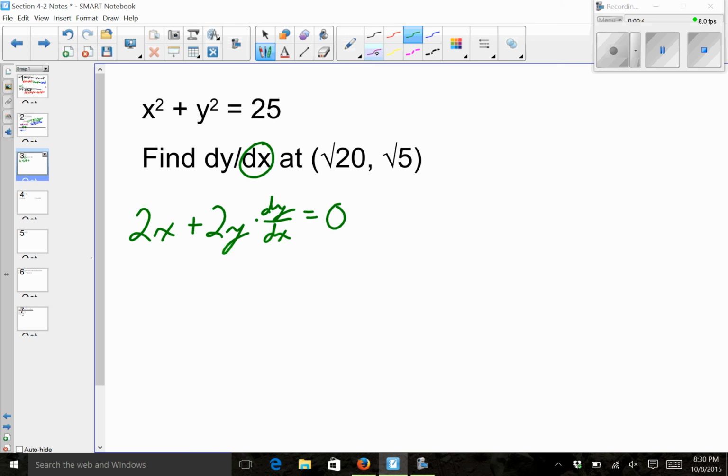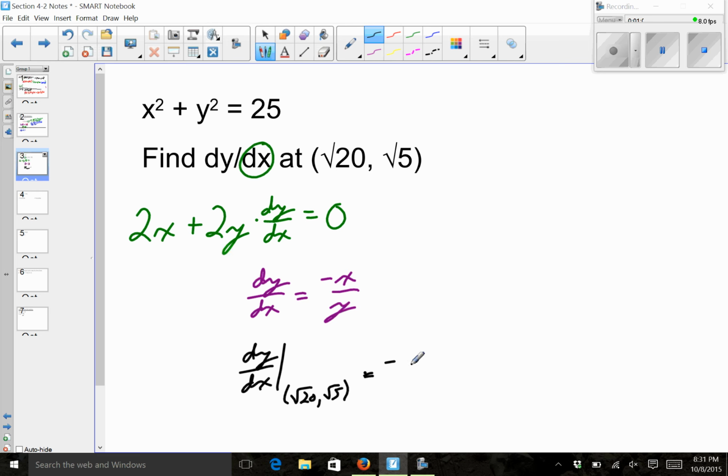And then if I isolate dy/dx, I get that that's going to equal negative x over y. So the derivative with respect to x at our point radical 20, radical 5 is going to be negative radical 20 over radical 5, which will simplify to be negative 2.